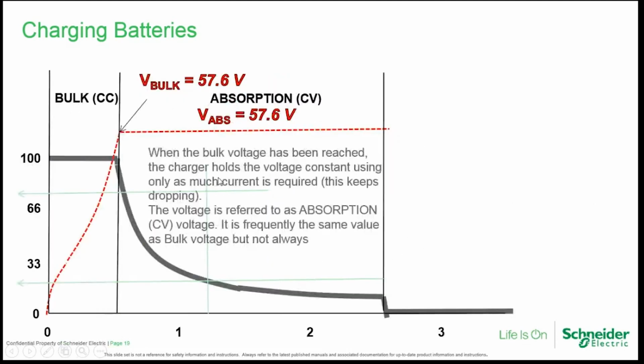And then next, once we get there, we start reducing the amount of current. We just trickle in as much current as we need to keep the voltage up there. And the amount of current that we need decreases as time goes by in order to keep that voltage there. We actually got about 70 or more % of the energy of the battery over here in bulk stage pretty quick. But that last little bit needs time to do.